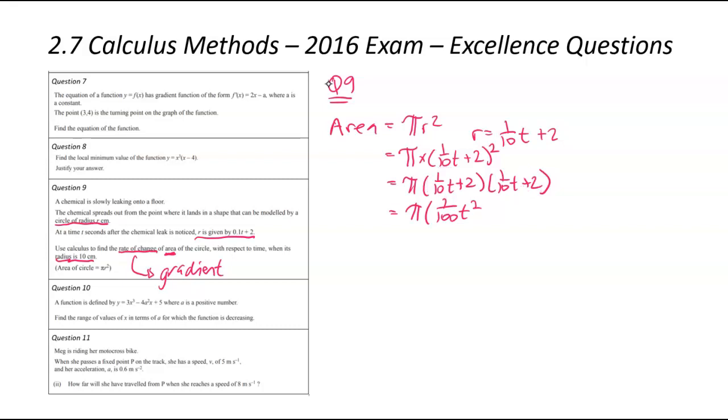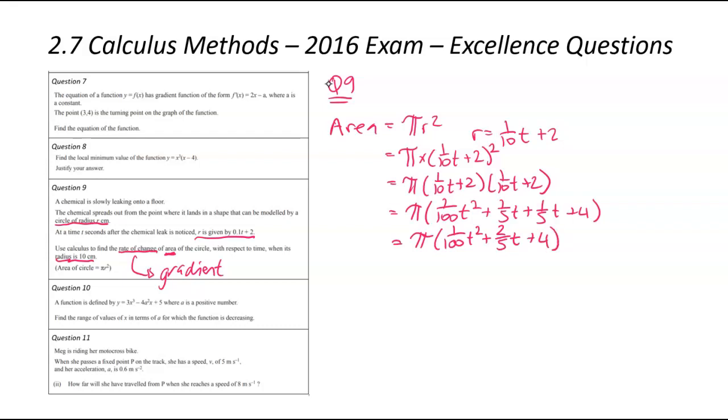It's going to be 2/10 of t, which is 1/5 of t. So plus 1/5 of t. Same again, plus 1/5 of t plus 4. That there, pi times (1/100 t squared plus 2/5 t plus 4).